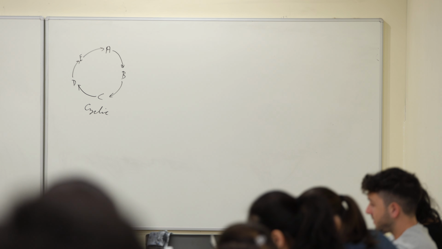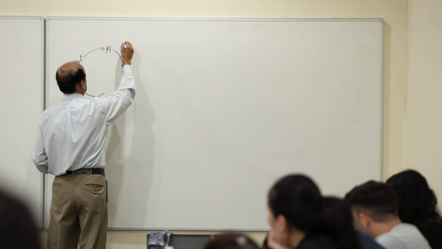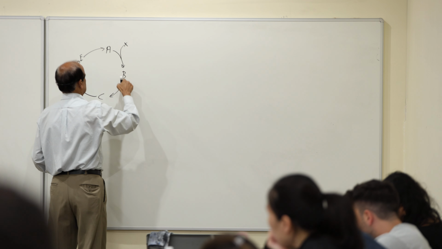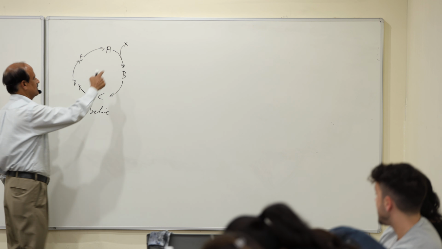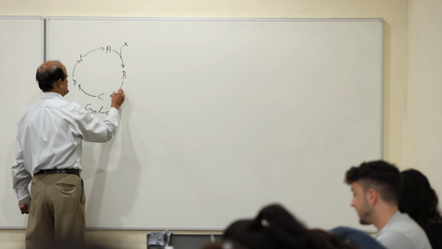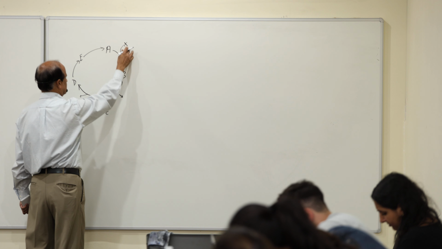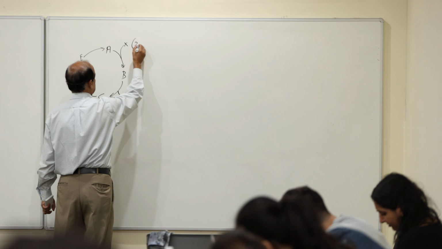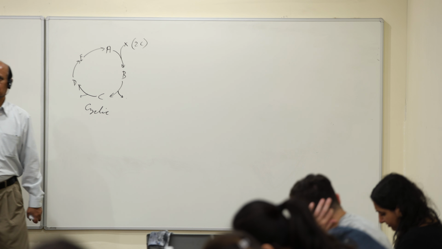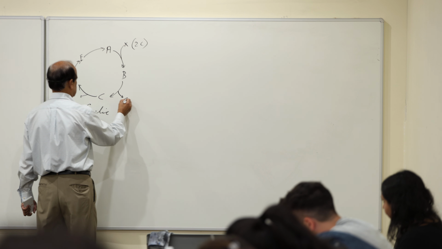So what is achieved is that somewhere in this pathway, another molecule will enter. So A doesn't just convert to B, A combines with X, and then you get these different intermediates. And then at various points, usually smaller molecules than X will come out. So let's say X is a 2-carbon compound. Then 2 carbons will come out as carbon dioxide.